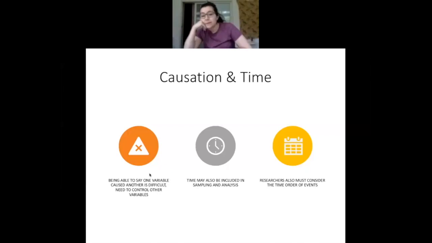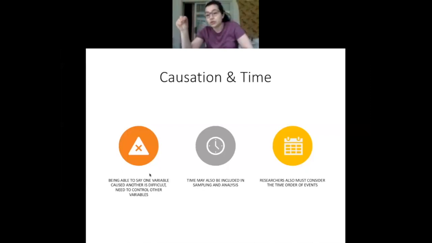And time can also be included in your analysis or your sampling. Like the household survey of NCVS, they do that recurring. They interview those same households multiple times, and that's when you can have sort of a panel study, and there are multiple panels of that data throughout time.